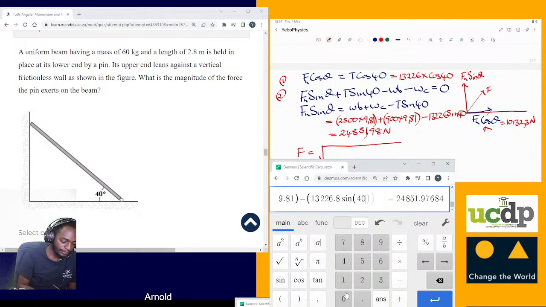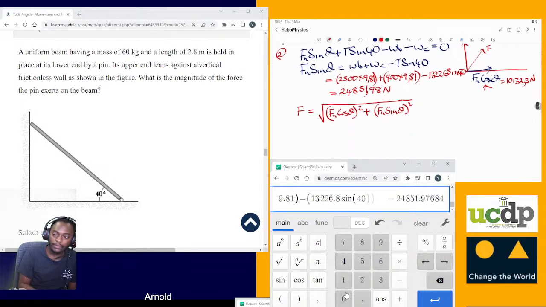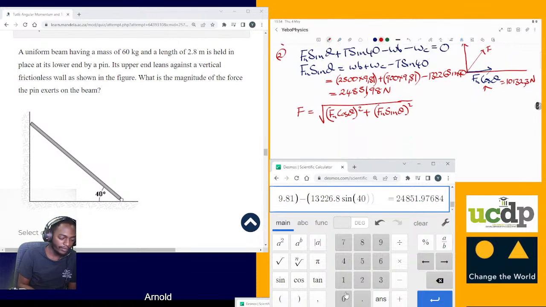Okay, it will be Fh cos theta squared plus Fh sine theta squared, but the values we already have.